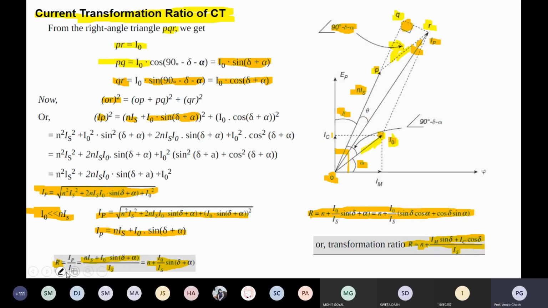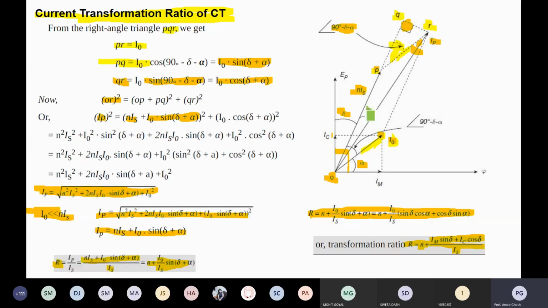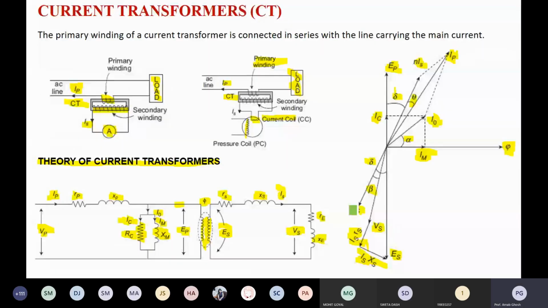Okay, this angle is taken as positive when the reverse secondary current leads the primary current. Definitely the reverse secondary current is always leading by some angle. IP is there, and secondary current IS is also there. In which direction is it rotating? It rotates anti-clockwise. In all phasor diagrams the normal convention is that phasors rotate anti-clockwise.